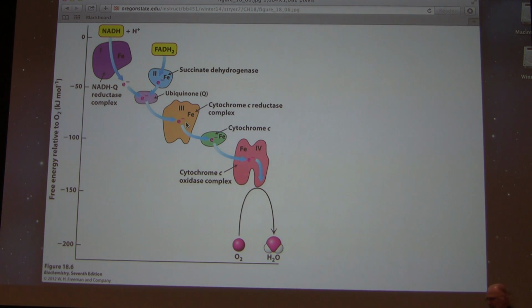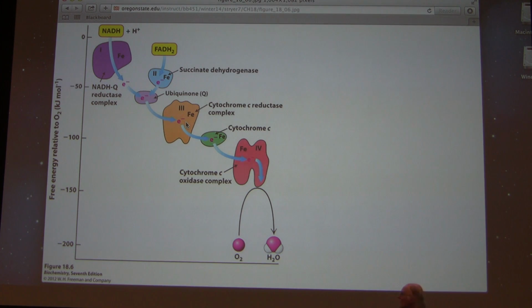This is an area of biochemistry that people have worked on for years, and people get into literally fist fights about how many it really corresponds to, and it really doesn't matter for our purposes. What we will care about is the fact that protons get pumped. And it's the pumping of those protons that ultimately will result in the synthesis of ATP. So we're not going to try to count protons. It's just not going to be worthwhile.